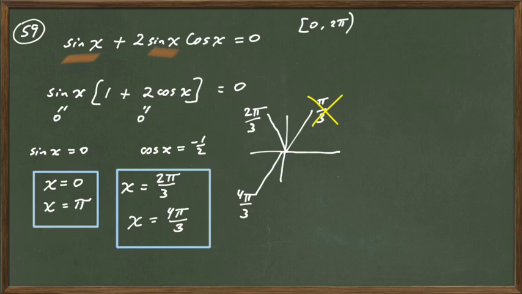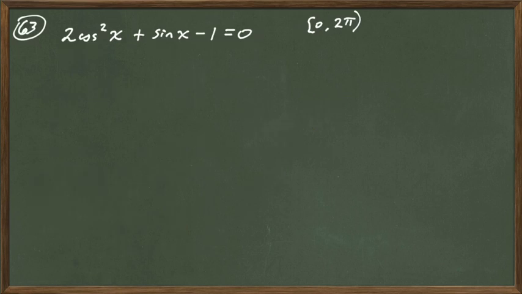Okay, 59, again, you had to look for common factors and then set each factor equal to 0 and solve. Now, I'd imagine it's similar with this one, but notice you have sines and cosines mixed. May I recommend that we get them all either to sines or all to cosines? I notice that this has a sine.